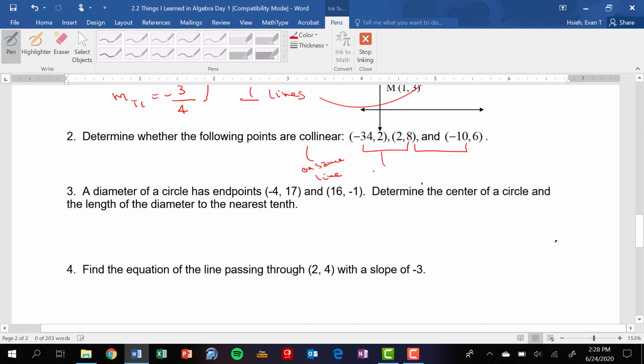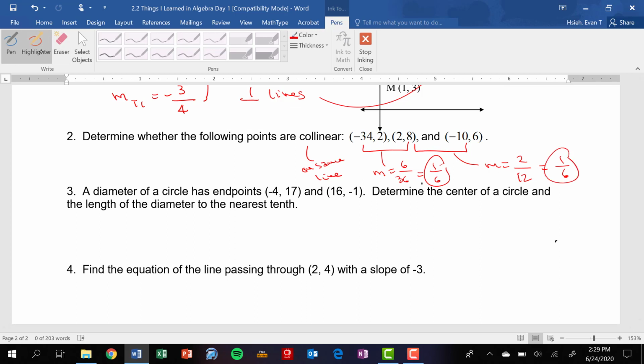So the slope between the first two is change in y, which is 6, change in x is 36, or let's simplify this to 1/6. And then the slope here, change in y value is going to be 2, 8 minus 6, and then 2 minus -10 is 12, so 1/6. Same slope makes these 3 points collinear.